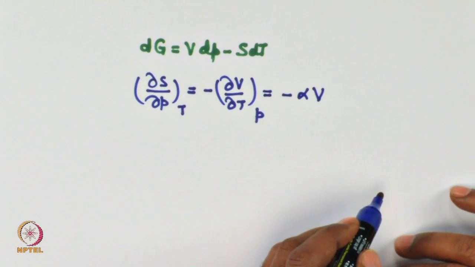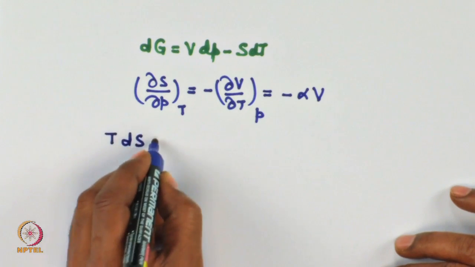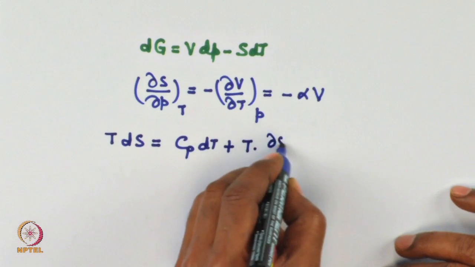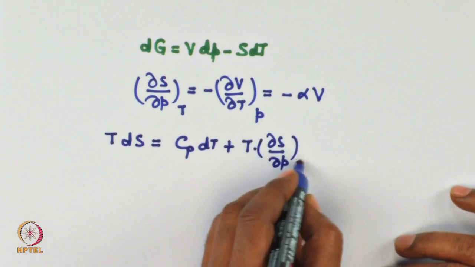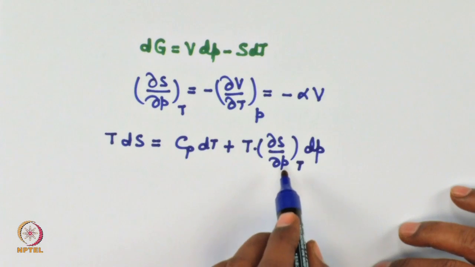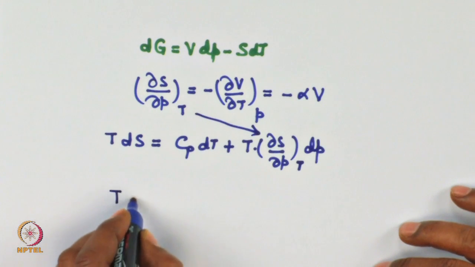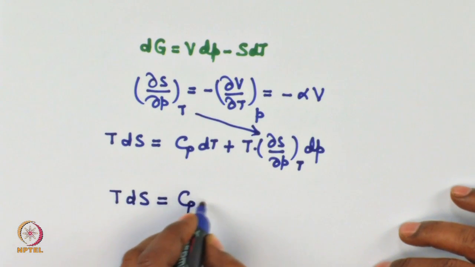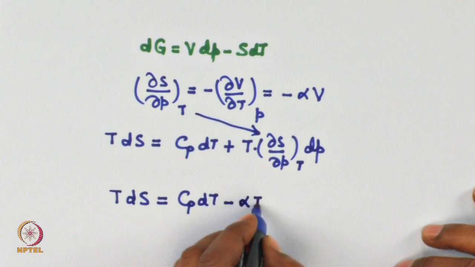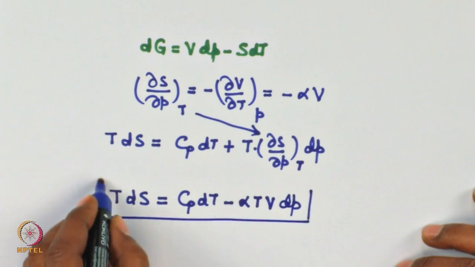This is equal to minus alpha V. So, now if I substitute in the equation that we just derived, that TdS is equal to Cp dT plus T into dou S dou P at constant T dP, that was the equation that we just derived in the previous slide, and for this dou S dou P at constant temperature I will put minus alpha V. So, I end up with TdS is equal to Cp dT minus alpha TV dP. This was the required answer.